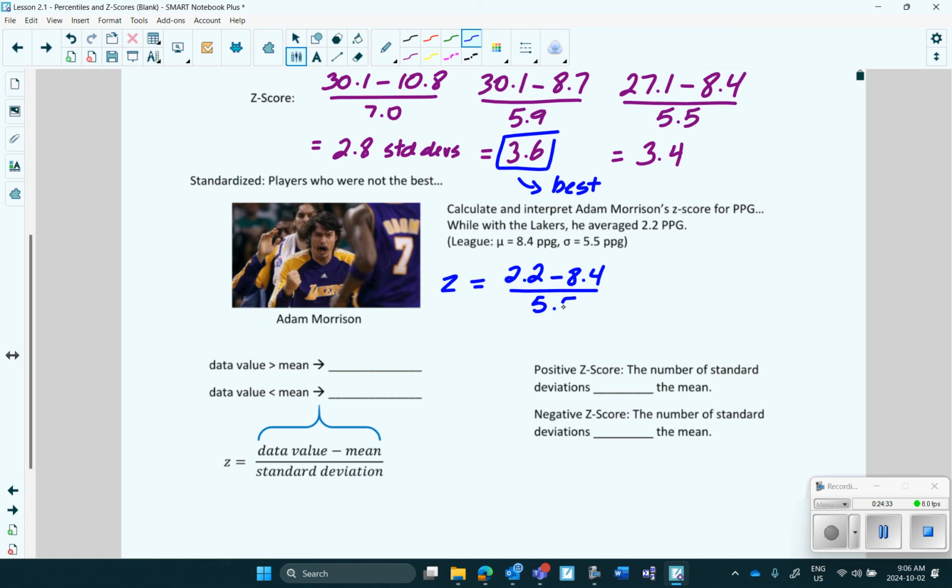This is also in the 2010s. Okay. You get negative 1.1. And remember, this would be standard deviations below the mean.